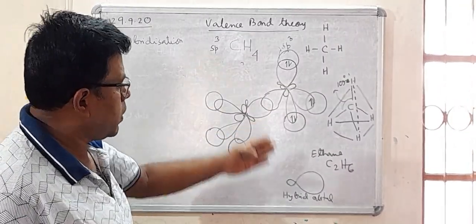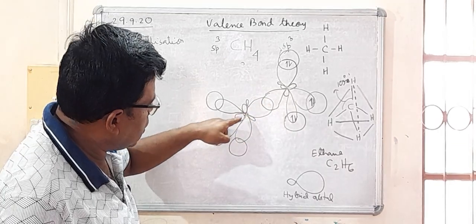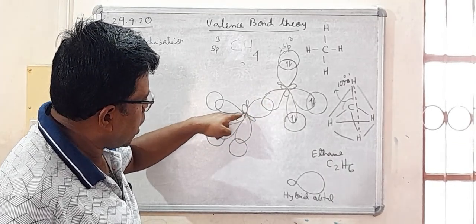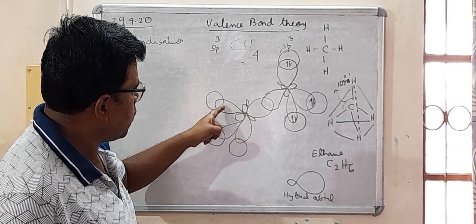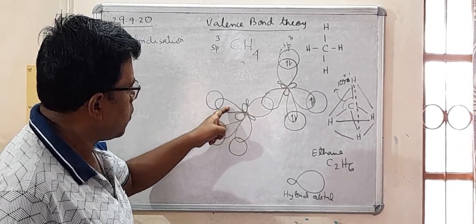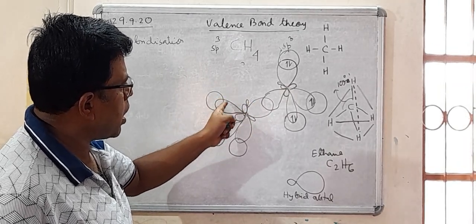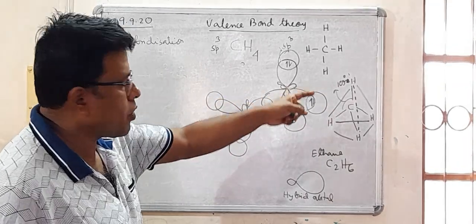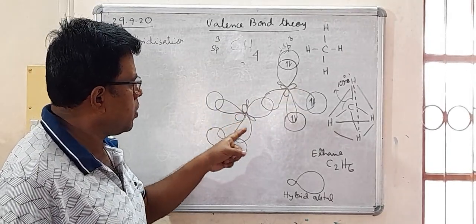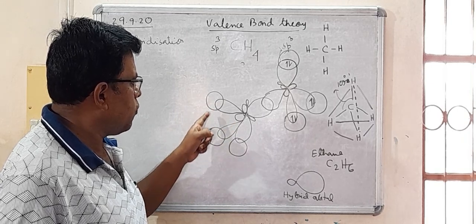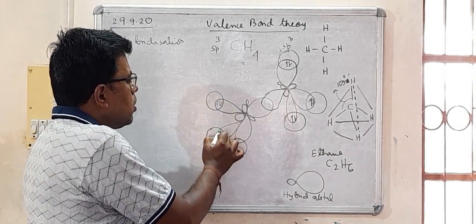In the case of ethane, where there are two carbon atoms, this is another carbon atom, and it is also sp3. These are the 4 sp3 hybrid orbitals of carbon. They are also directed at this angle, 109 degrees 28 minutes. All of them are half-filled orbitals, so they are going to overlap with hydrogen, and in this way a sigma bond is formed.